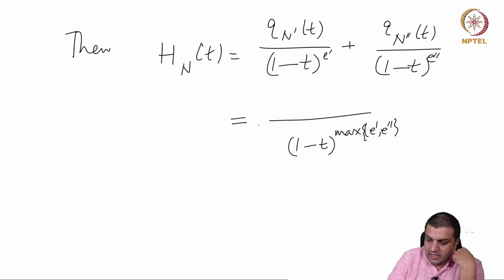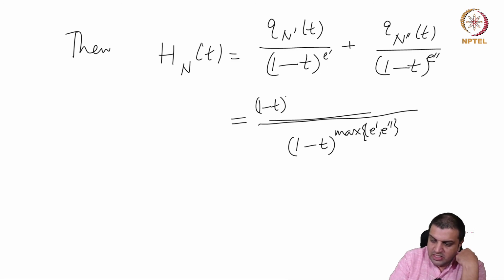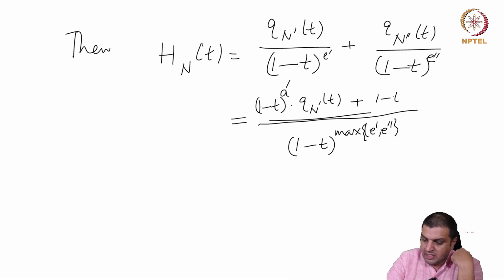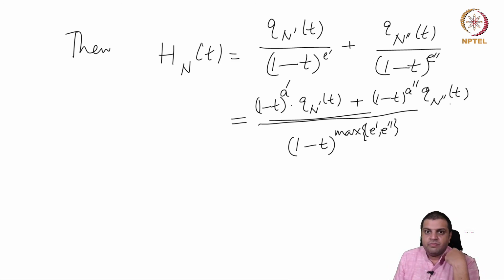Okay, then depending on whether this is the max or not, it would be some 1 minus t to some a prime times Qn prime of t, plus 1 minus t to some a double prime times Qn double prime of t.